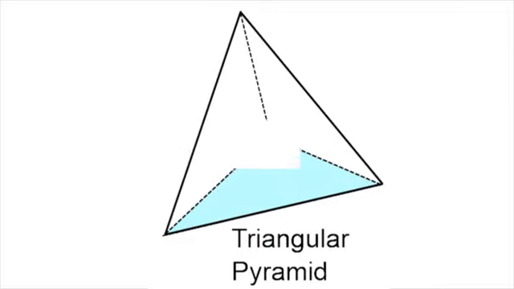Triangular pyramid has 4 faces, 3 side faces are triangles, base is also a triangle, has 4 vertices, has 6 edges, and is also a tetrahedron.